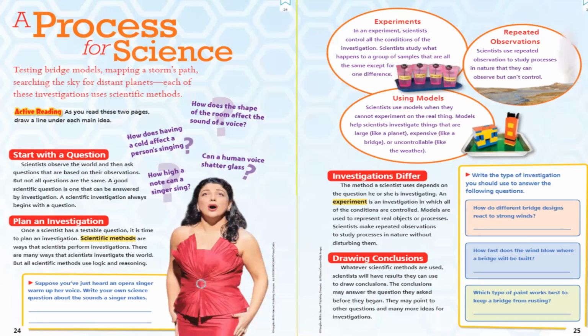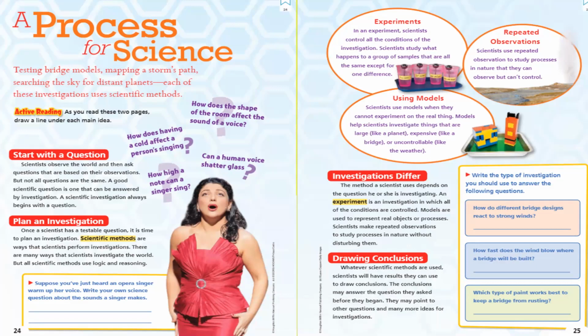A process for science. Testing bridge models, mapping a storm's path, searching the sky for distant planets. Each of these investigations uses scientific methods. And we all know about the scientific methods.